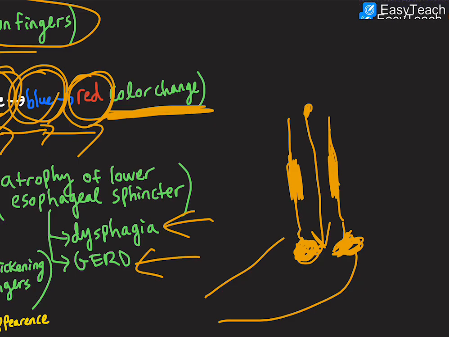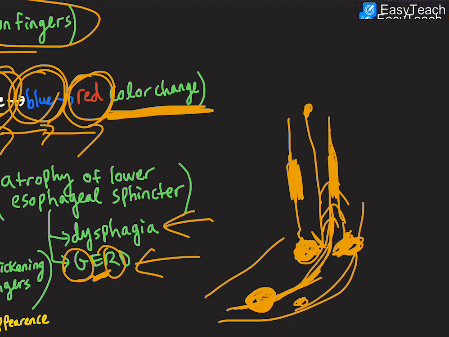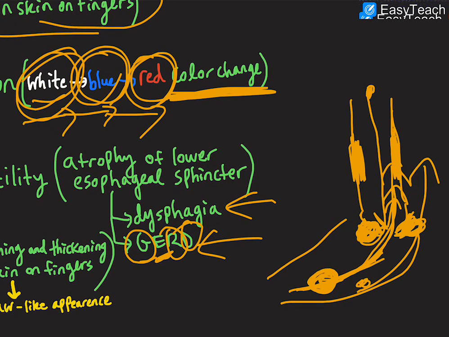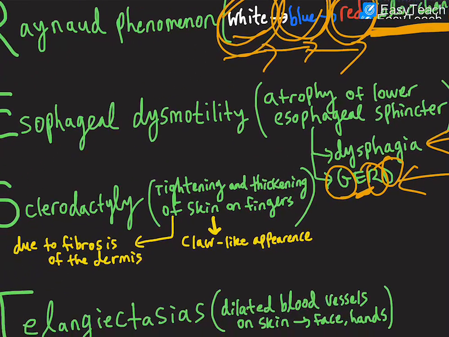Then that means that food from your stomach can go up into your esophagus, and that can lead to GERD, because all the acid in your stomach can reflux up into your esophagus, hence the name: gastro, from your stomach; esophageal, goes from your stomach to your esophagus; reflux, because it's refluxing up; disease. We'll talk about GERD and Barrett's esophagus in the GI playlist. But that's a finding: dysphagia and GERD.